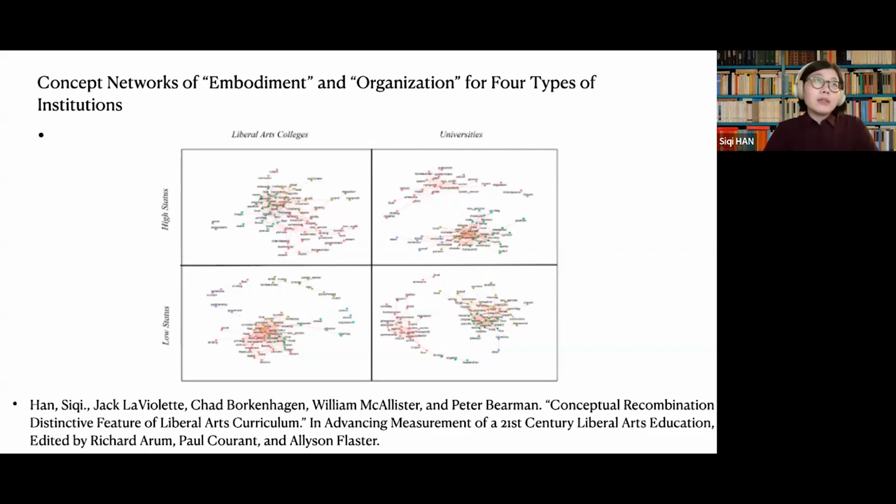You can tell that on the upper left is a typical example of an integrated curriculum, where these 2 concepts and their similar concepts are recombined into one big cluster. While on the lower right and the upper right as well are examples of the 2 concept clusters remaining separated as clusters.